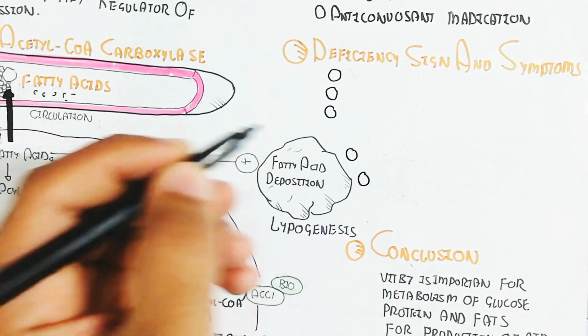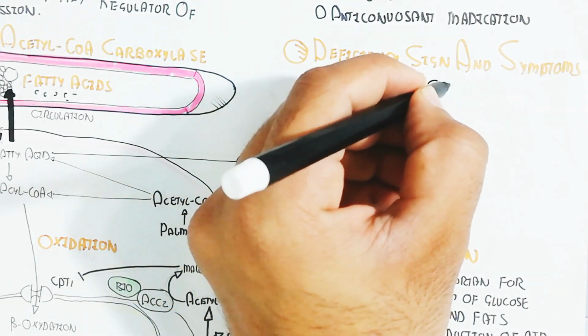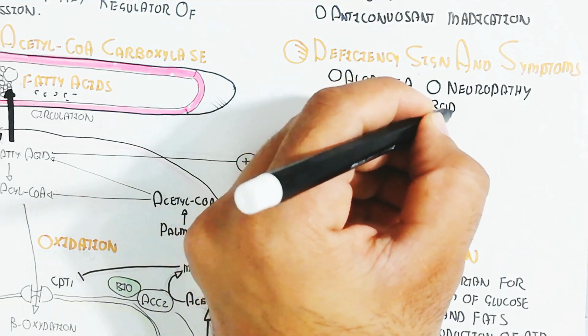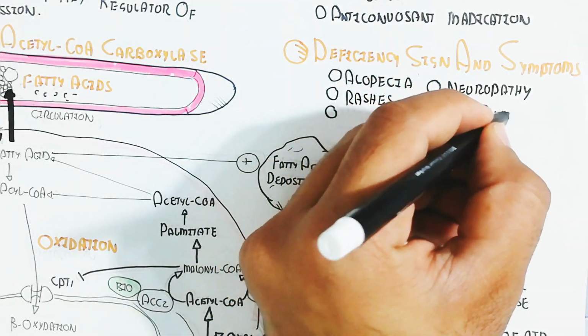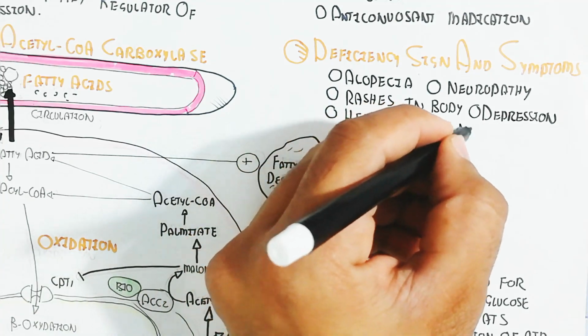It is alopecia, and neuropathy due to nervous system dysfunction. This enzyme is required to produce energy, but dysfunction of energy production will lead to decreased metabolism and cause neuropathy.